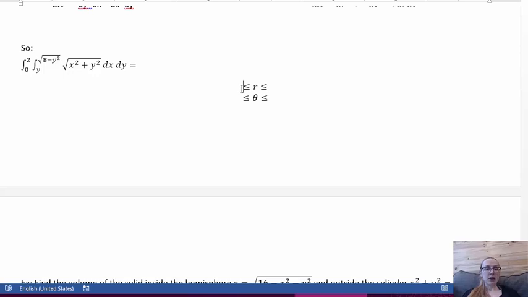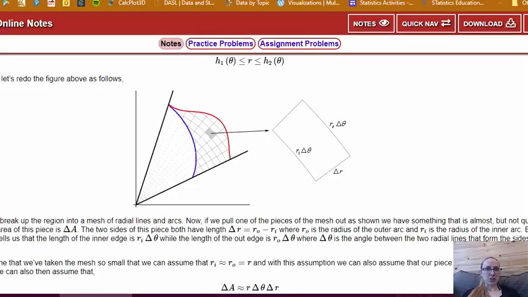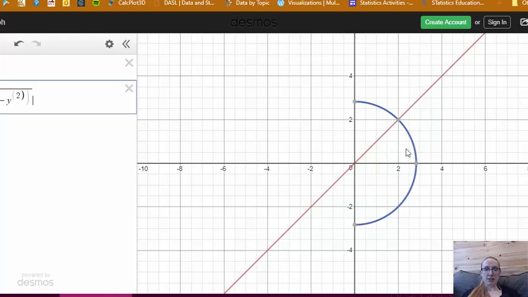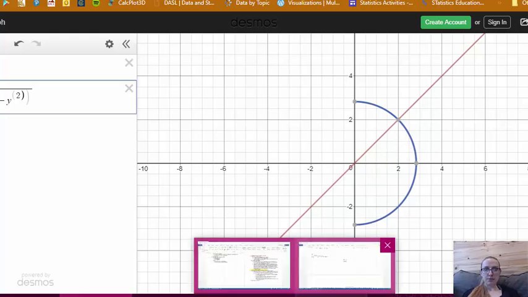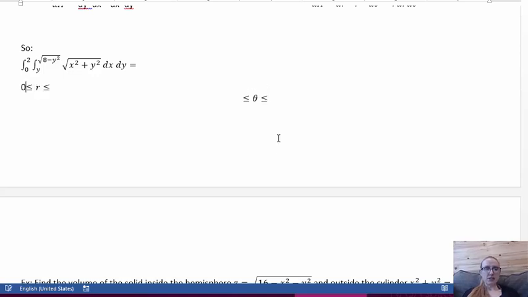So for the bounds, I'm thinking about this picture of this little pie slice here. I mentioned before that the radius for this region would be between 0 and 2, and the angle is going to be between 0 and pi over 4.